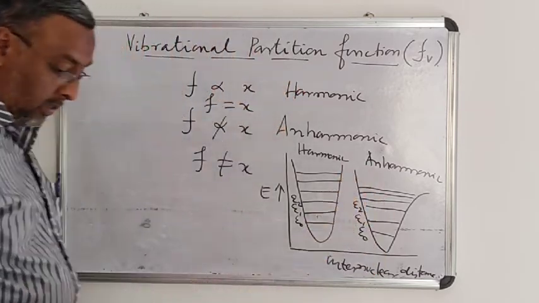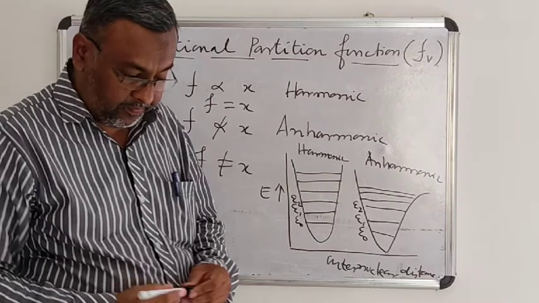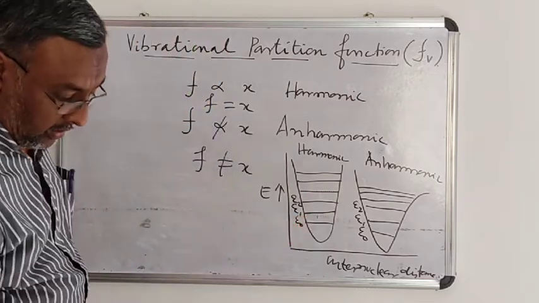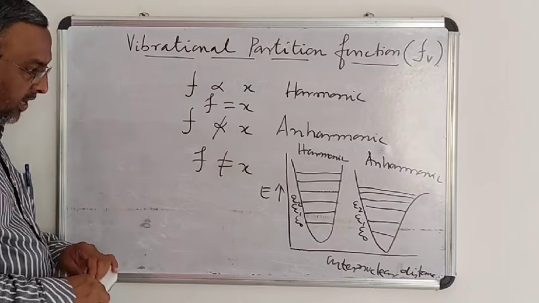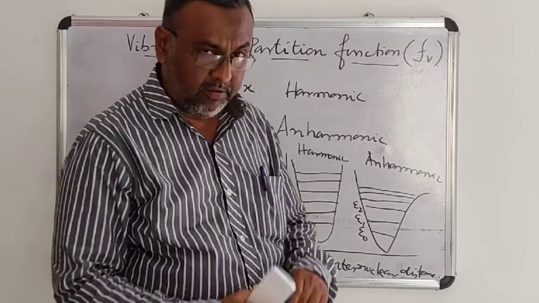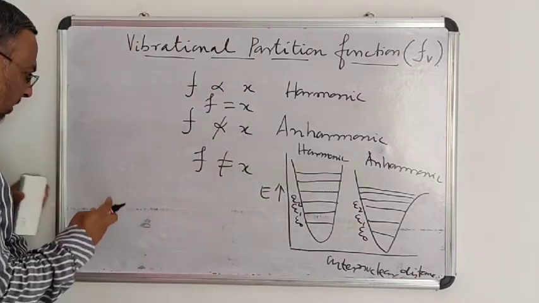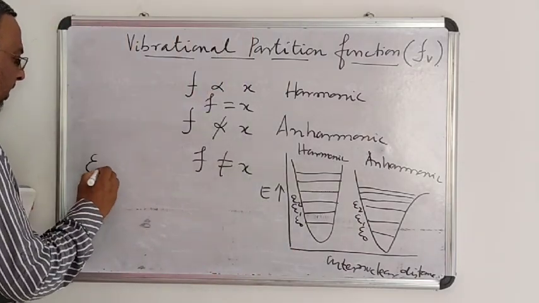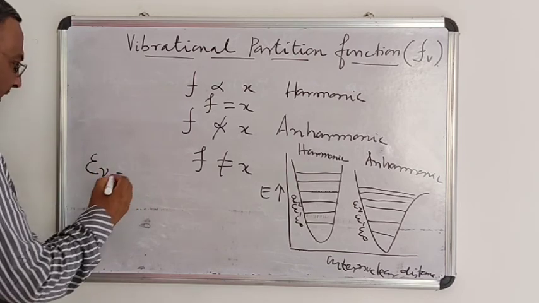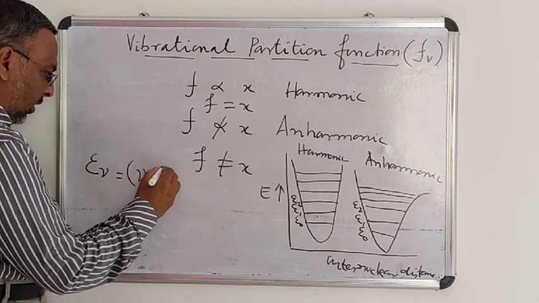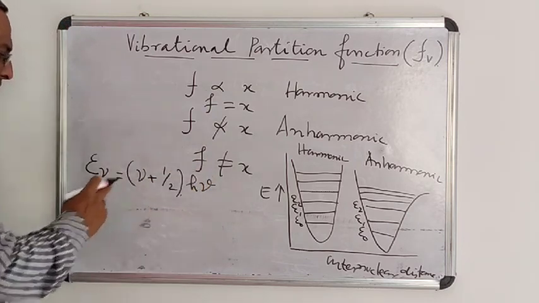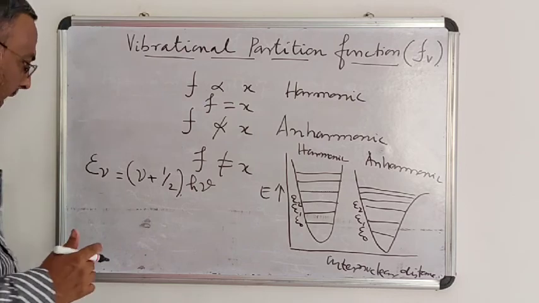And remember, for the lowest energy level, v is equal to 0. The energy of every vibrational level is calculated by the formula (v plus half) h nu, where v is called the vibrational quantum number.